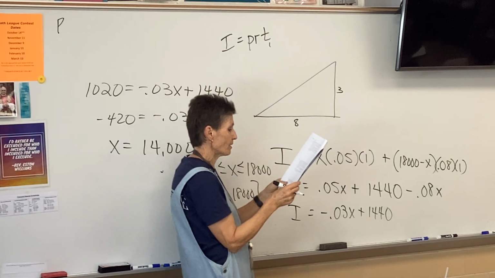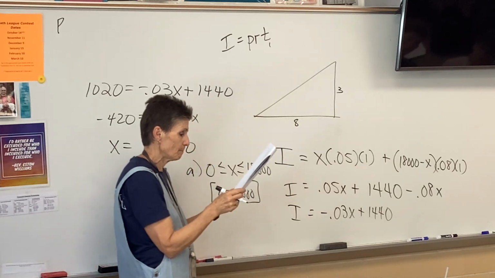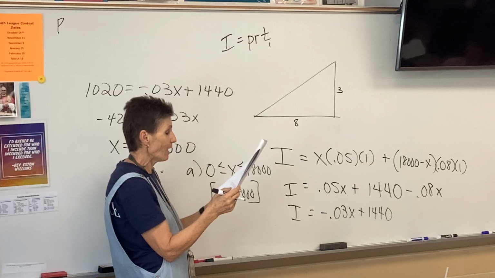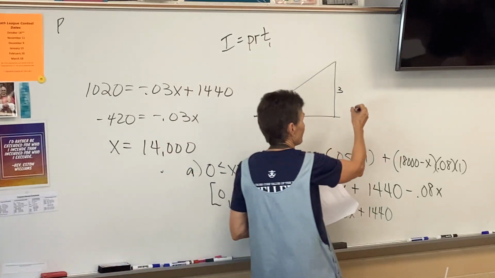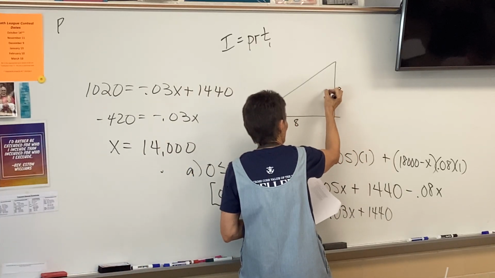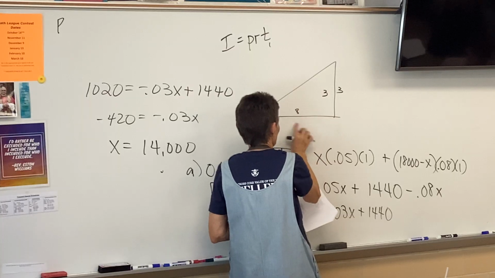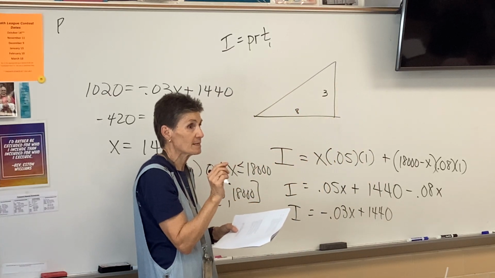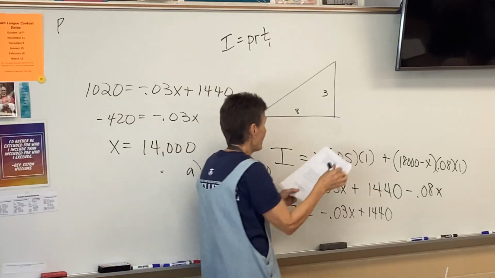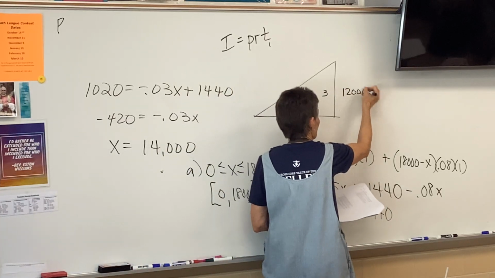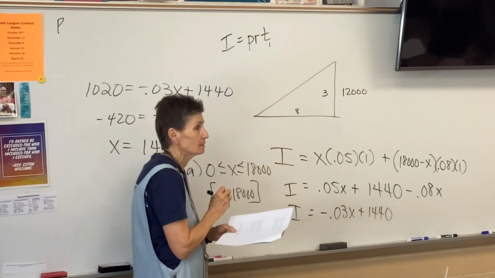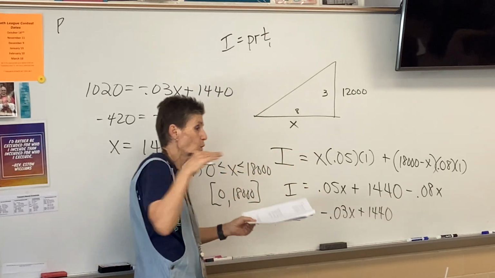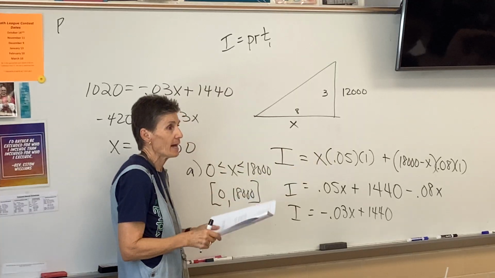How far in the horizontal direction will the airplane fly to reach an altitude of 12,000 feet? So the ratio of these two sides is 3 to 8. Would you agree with that slope, 3 to 8? I want it to be actually 12,000 high, and I want to know how far horizontally it has to go.